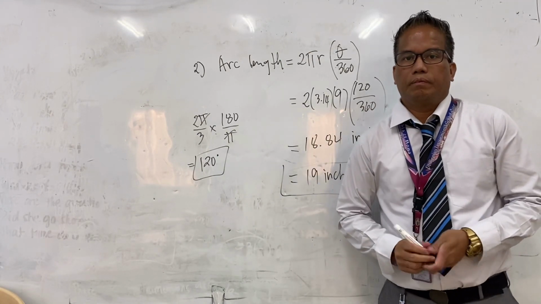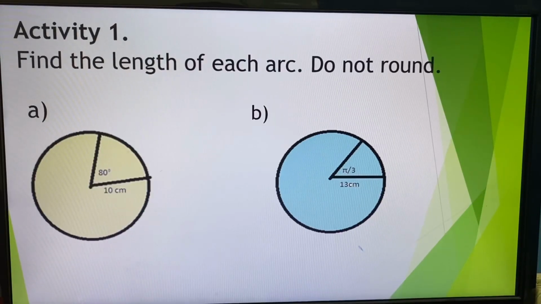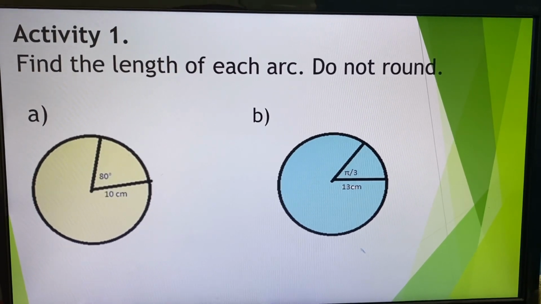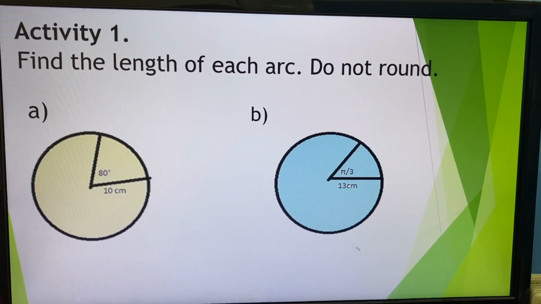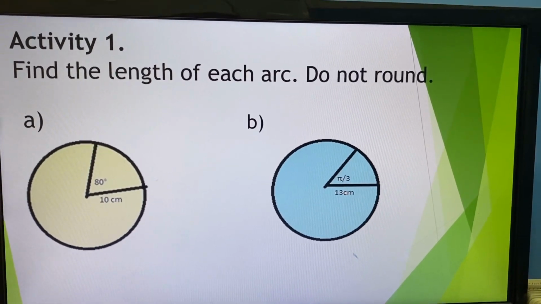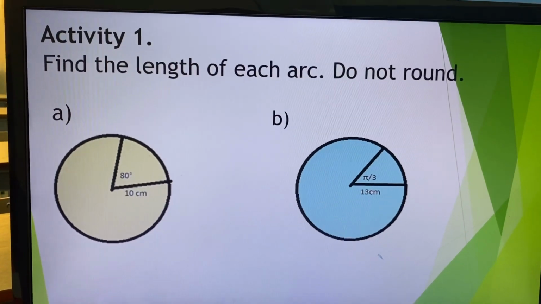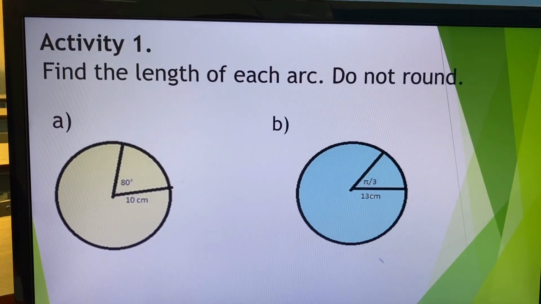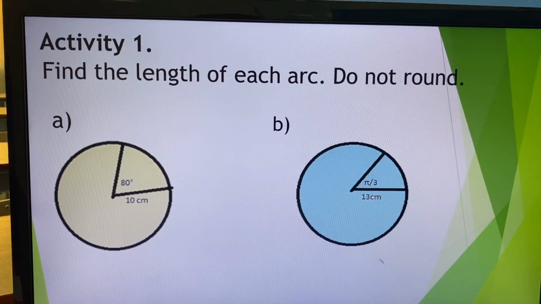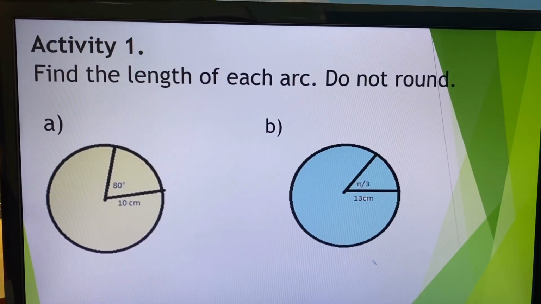In activity number 1, find the length of each arc. Do not round your answer. For letter A, the radius is 10 centimeters and the central angle is 80 degrees.